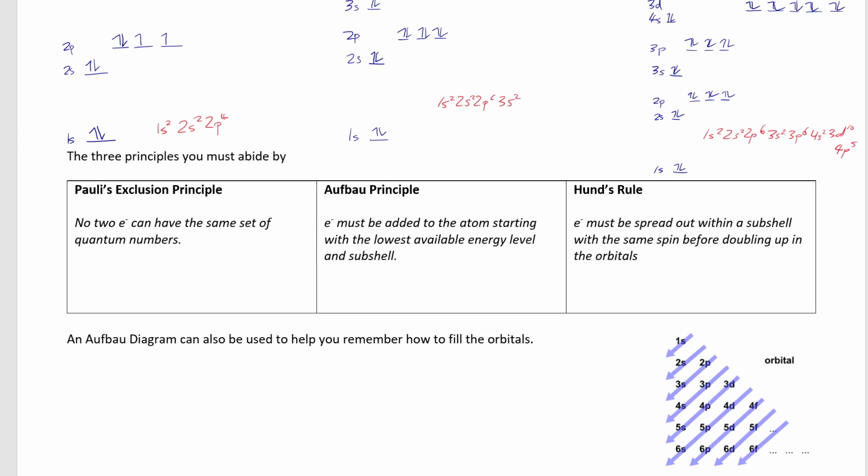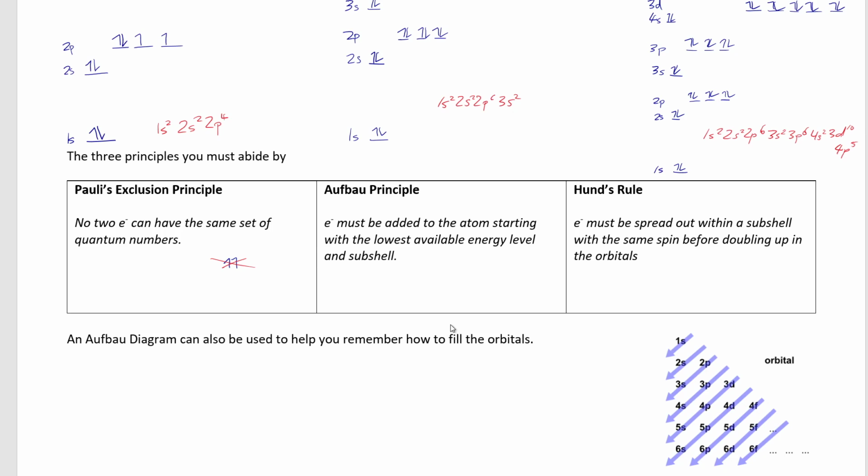So what you can never have in an atom is, for example, 2 electrons that are both spinning in the same direction. That is not allowed. Okay, that's a violation of Pauli's exclusion principle.